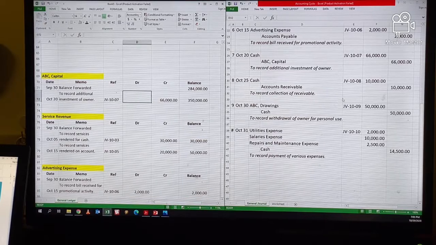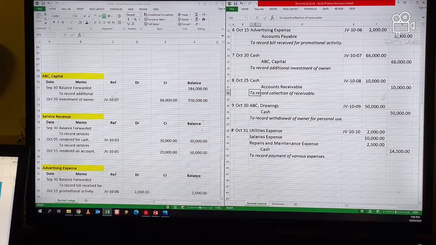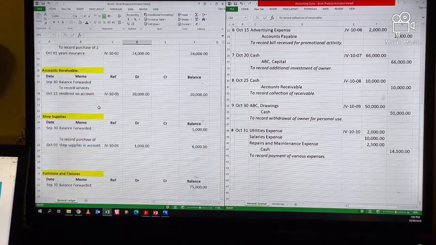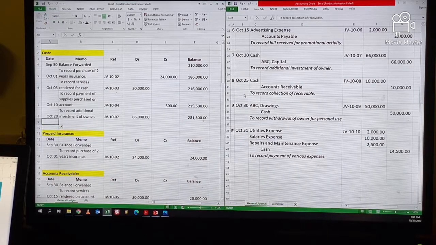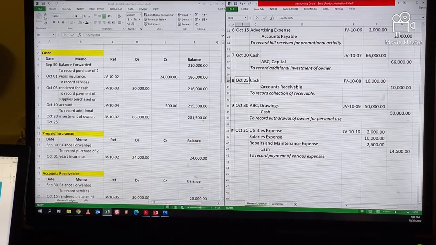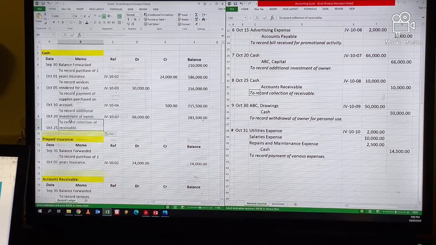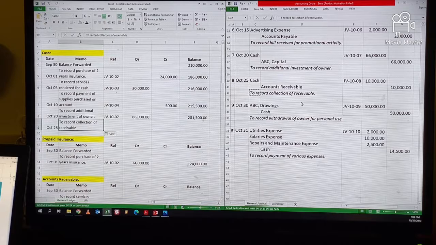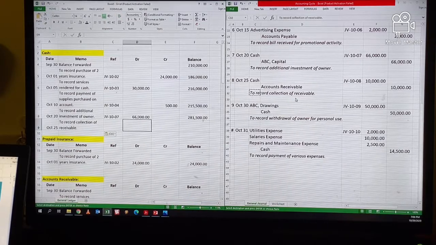Okay. Then, next. Transaction number 8, record collection of receivable. Meron tayong debit cash. So, another entry in cash. So, date. Date at reference.